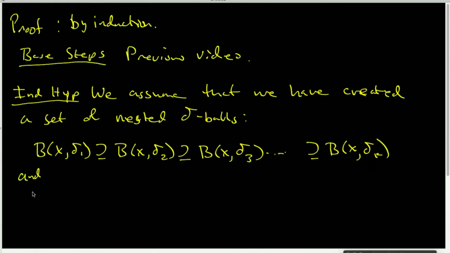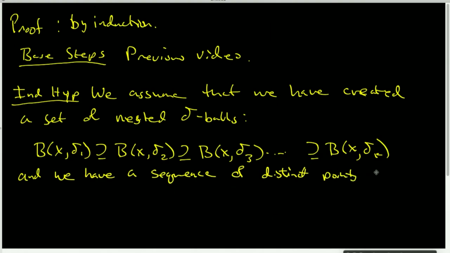And we are also going to assume that we have a sequence of distinct points in M, namely M1, M2, M3, all the way up to Mk, where we know the following about the M's.